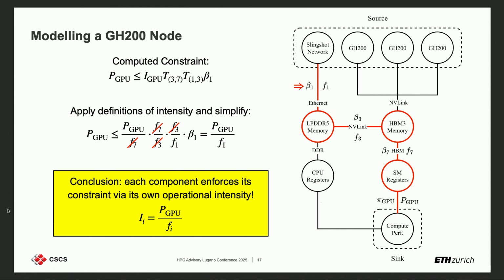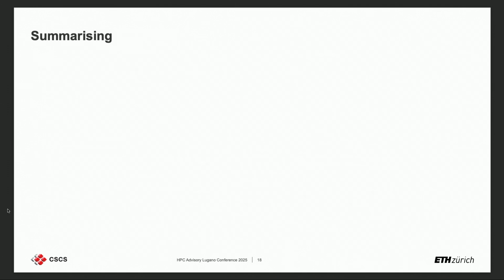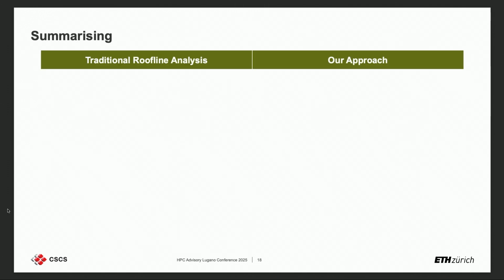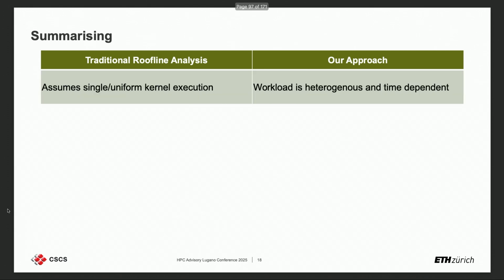So summarizing, I wanted to give a little bit of a summary between the traditional roofline analysis and our approach. First of all, the traditional roofline analysis assumes a single or uniform kernel execution, while in our case, the workload can be heterogeneous and time-dependent. That's absolutely fine.